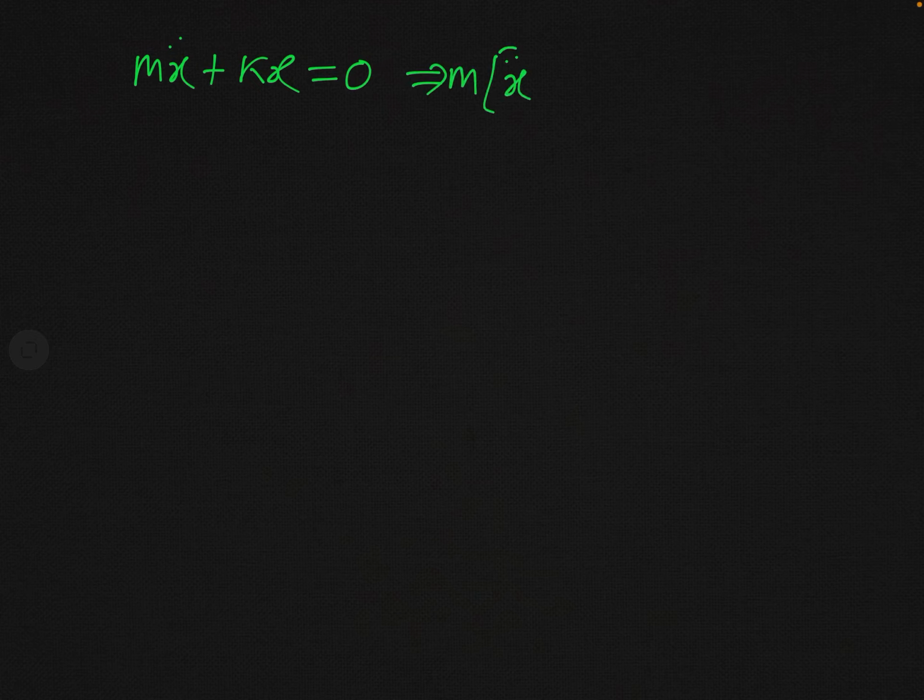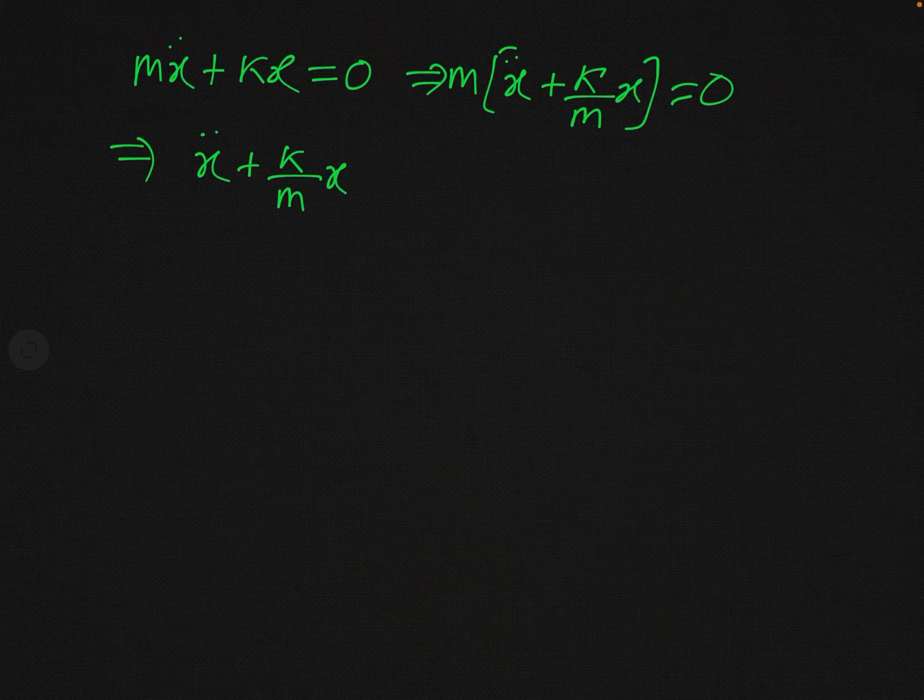This will be x double dot plus k over m x equal to 0. But you know this m is not 0, so definitely x double dot plus k over m times x is equal to 0.